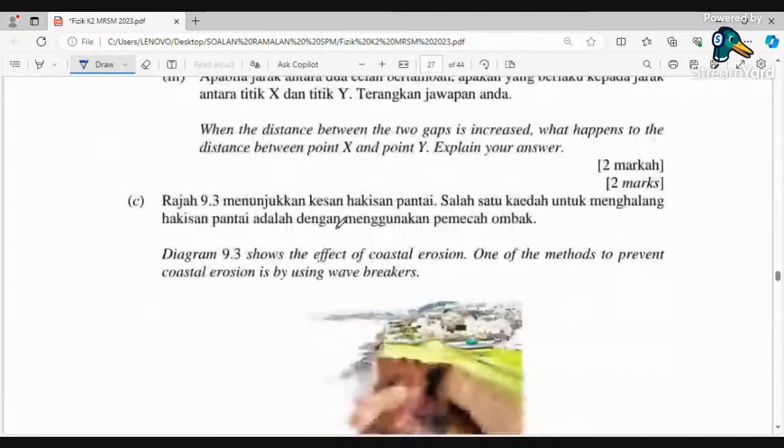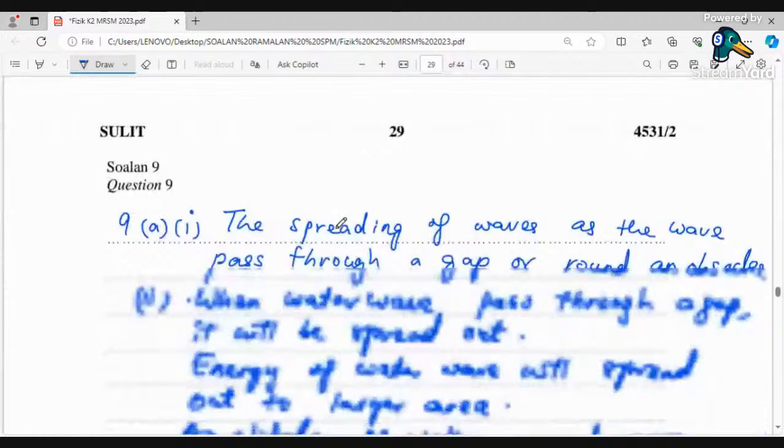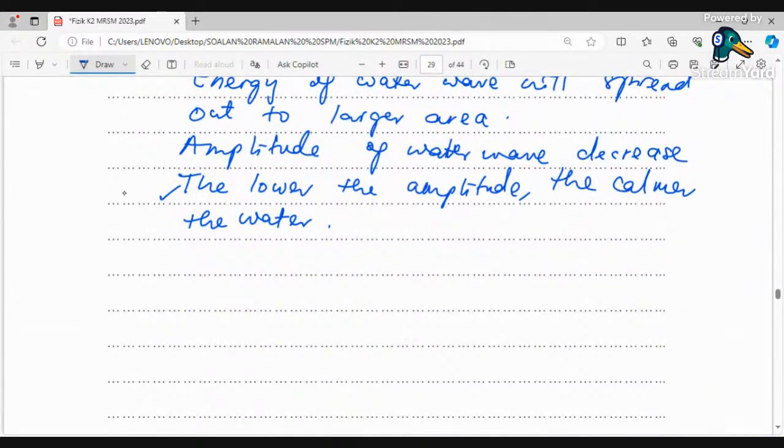Soalan yang tadi tu, tulis jawapan dekat ruang jawapan. Apa kesan kalau distance dia dipendekkan, decrease?